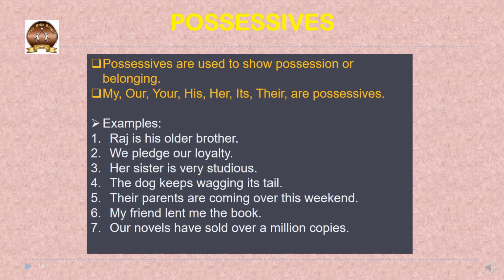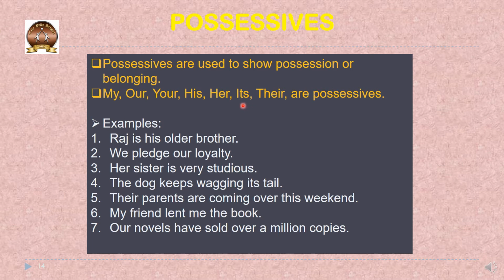Now let's talk about possessives. So you have here a set of words: my, our, your, his, her, its, their are possessives. So remember, children, sometimes we make a mistake here. We put an apostrophe here. So that will never be considered as a possessive.